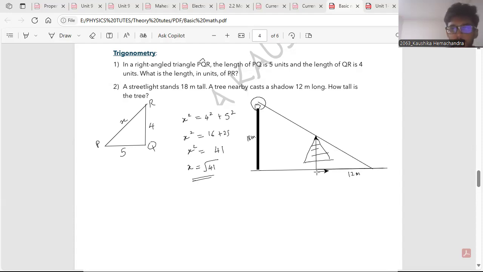This is 12 meters. This distance is also given as 18 meters.